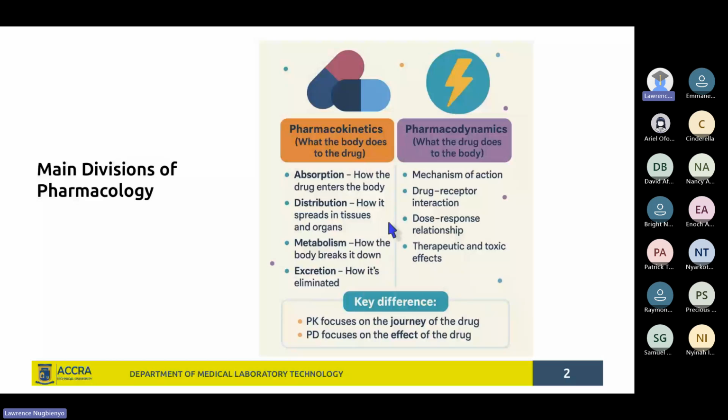Today, what we'll do is we'll take pharmacokinetics and go through these stages: absorption, distribution, metabolism, and excretion. In order not to make it boring, we'll take some specific examples of some common drugs and look at their metabolism, because specifically this part of the course is on biotransformation.